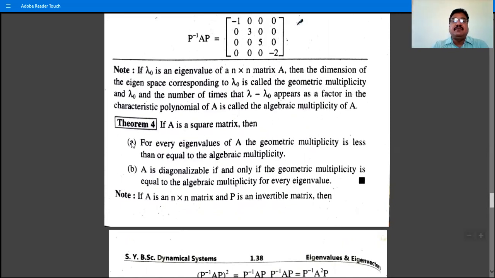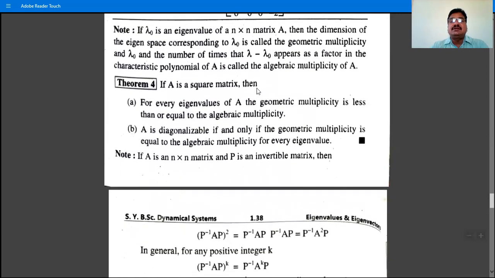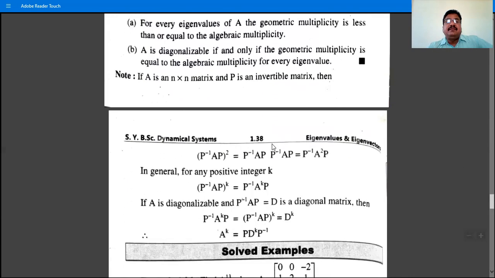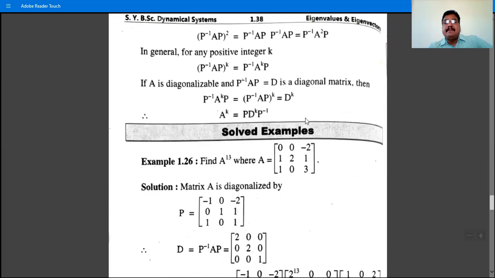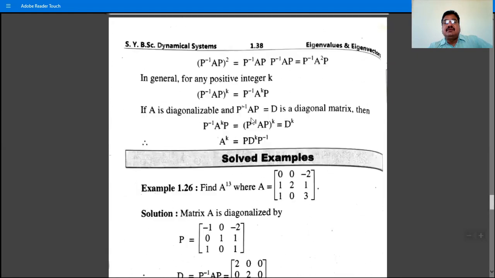So if A is a square matrix, then for every eigenvalue of A, the geometric multiplicity is less than or equal to the algebraic multiplicity. If P is an invertible matrix, then P inverse A squared P is (P inverse AP) squared.